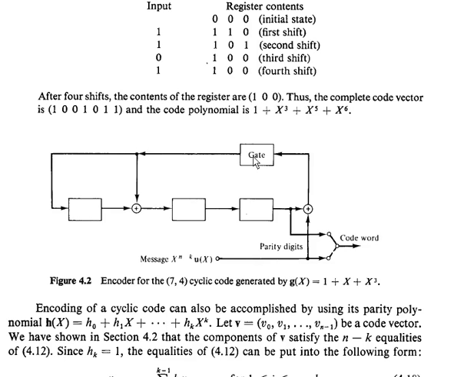Then we turn on this gate. After turning on the gate, we give the input to this feedback circuit. If we give the first input 1, at the same time the content of the shift register will shift.